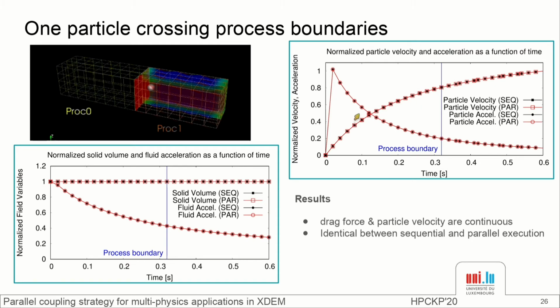And same thing, we can see the values while the particle is moving across the process boundary. And what we can notice is that the drag force and the particle velocity are continuous, and also that the results are completely identical between the sequential and parallel execution.